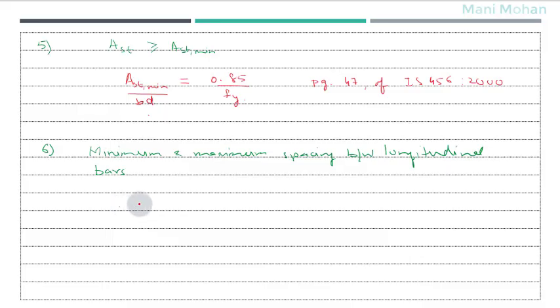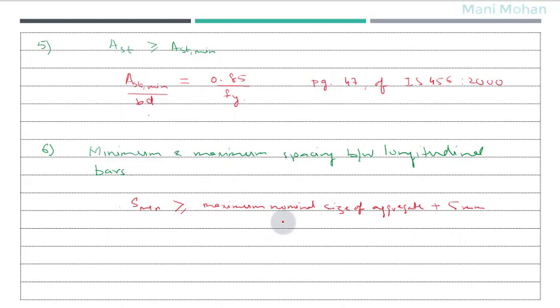That is, I want to make sure the minimum spacing is greater than or equal to maximum nominal size of aggregate plus 5 mm. So I need to make sure that minimum spacing between longitudinal bar has to be greater than or equal to maximum nominal size of aggregate plus 5 mm.